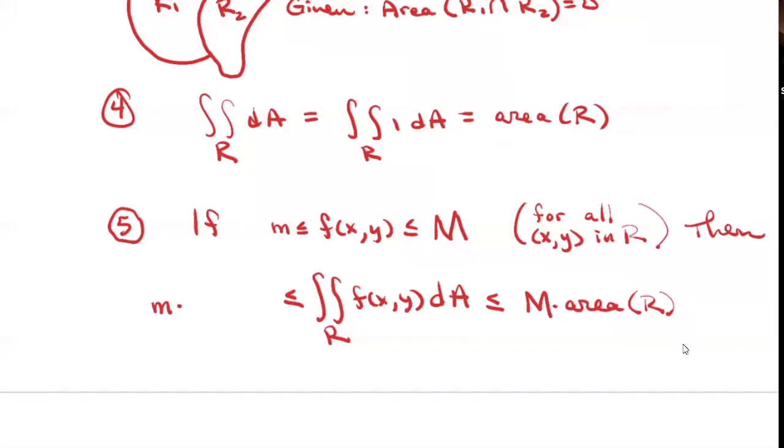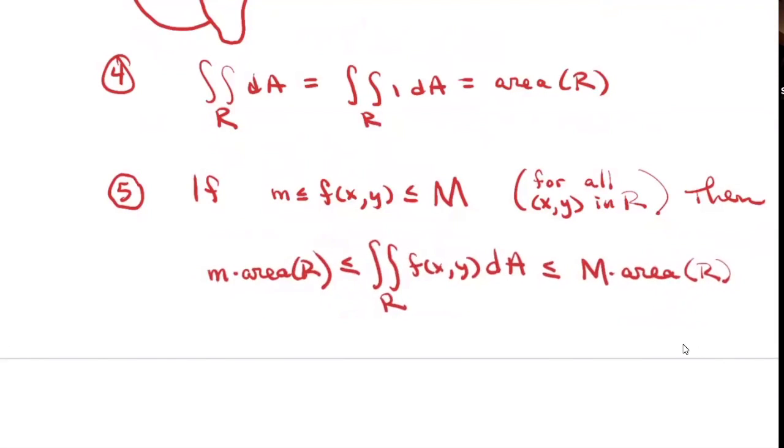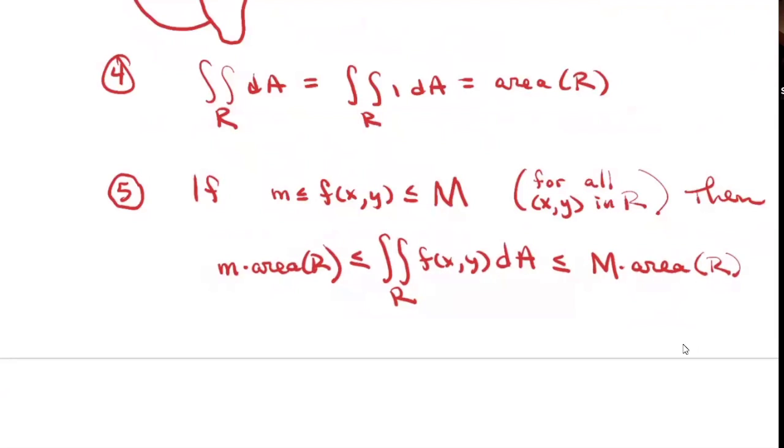So if you do little m times the area of R, that has to be smaller than the integral because little m is less than or equal to f. So this is just basically comparing 3 volumes and saying the integral of f has got to be in between these.